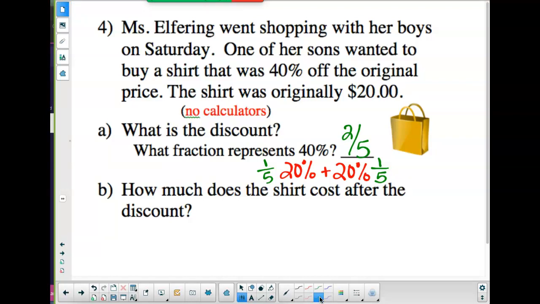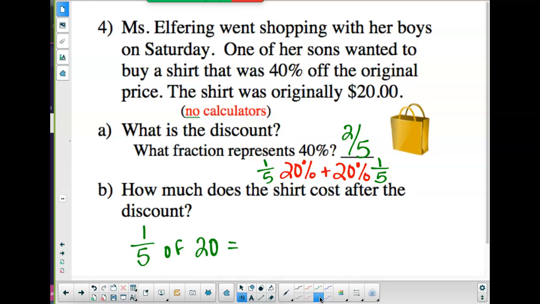So I want to find 2/5 of 20 to get the discount. Any ideas how I would find 2/5 of 20? How do we find 1/5 of 20? Can I start by finding, instead of 2/5, just 1/5 of 20?